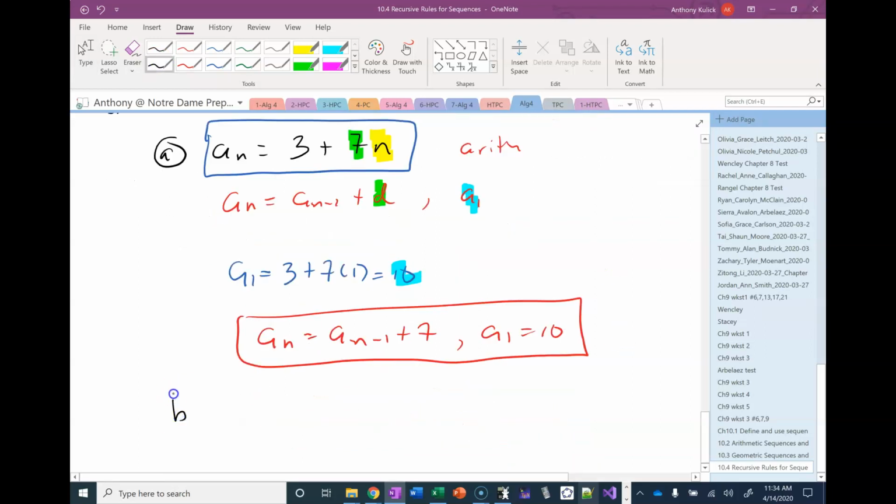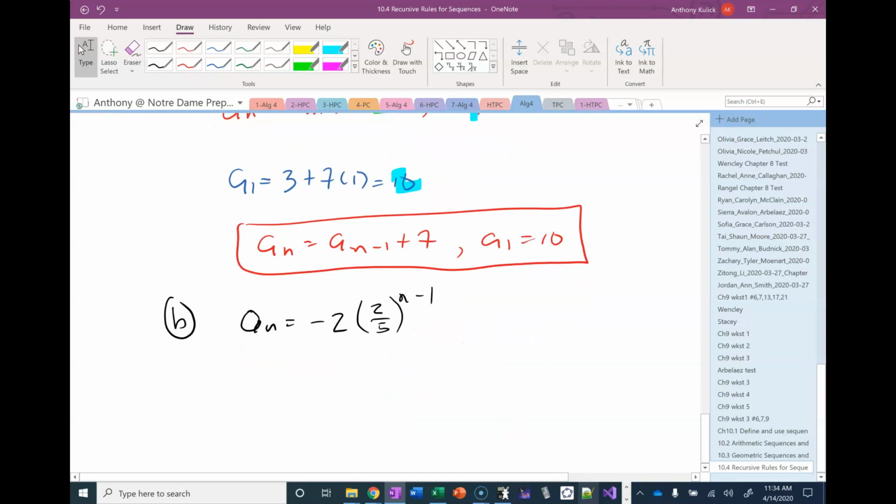What if it was a geometric situation? Right away, the first thing I'm going to do is look at the location of n. Since n is in the exponent, I know this is geometric.